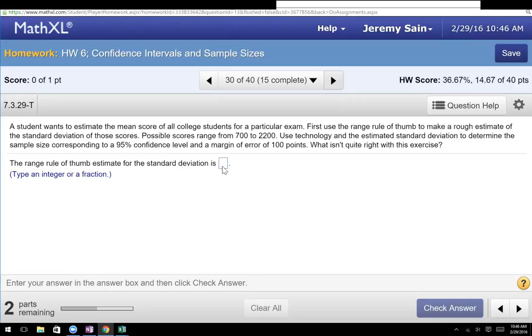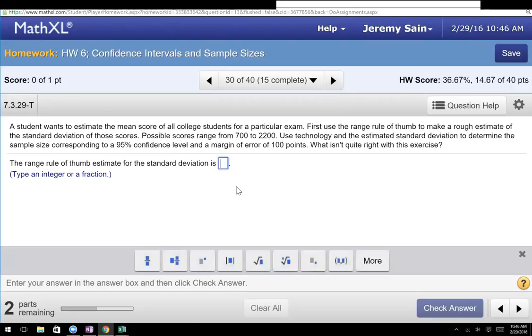I'm not 100% sure what they're wanting. Let me guess right quick. 1,500 divided by 4 is 375.